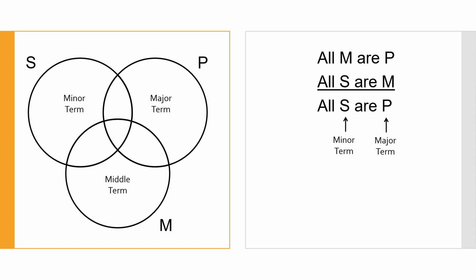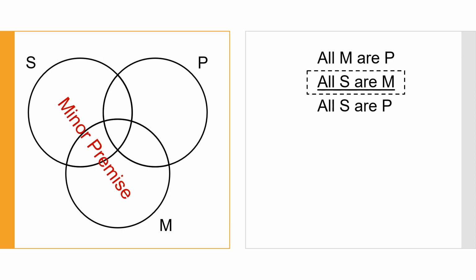And you always want to basically set it up in this way so that your minor term is on the top left, the major term is on the top right, and the middle term is on the bottom. If you set things up the same way every time, it will simplify your life dramatically, because in the end, you're going to go look in the same place every time to see if there's a problem or not. Now notice what this accomplishes for you.